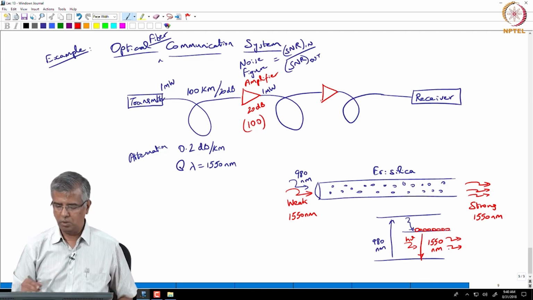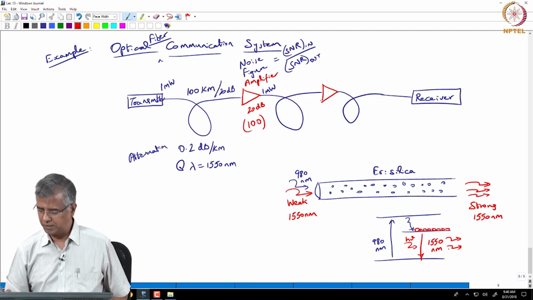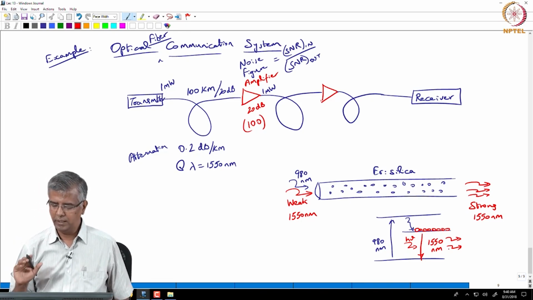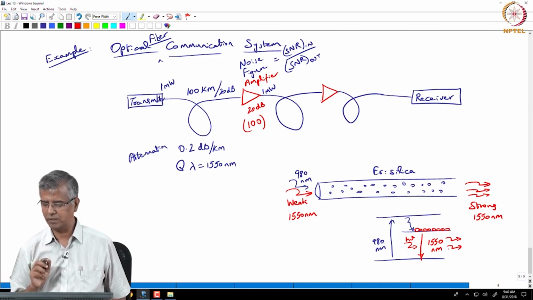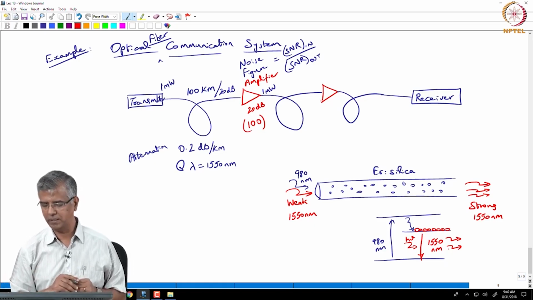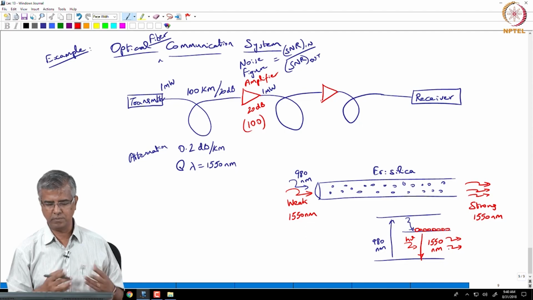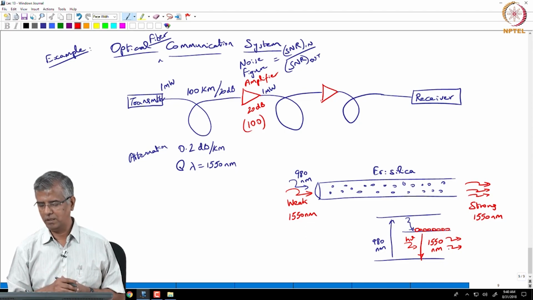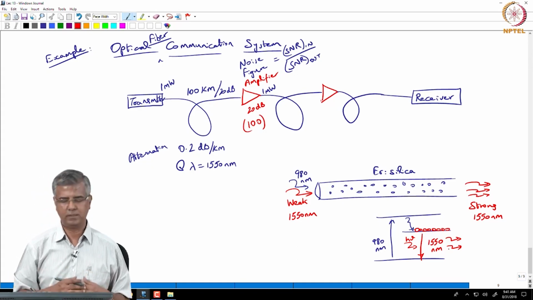Okay. So, let us go into some specifics. Let us actually take an elemental system. I do not want to go into the details of erbium yet. Let me just take an elemental system and try to quantify the gain of that system. Okay.